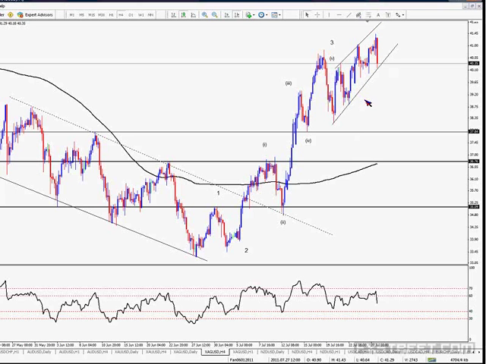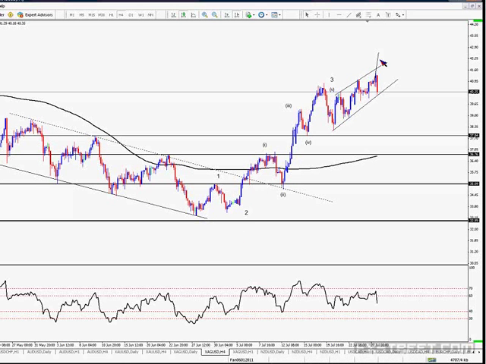Diagonal triangle with a failure here. The term failure, as opposed to the term throw over. Throw over is where you have this triangle, the market breaks through it, but eventually falls right back down. Here we have what's called a failure, so the market didn't even test that and is showing initial signs of correction.